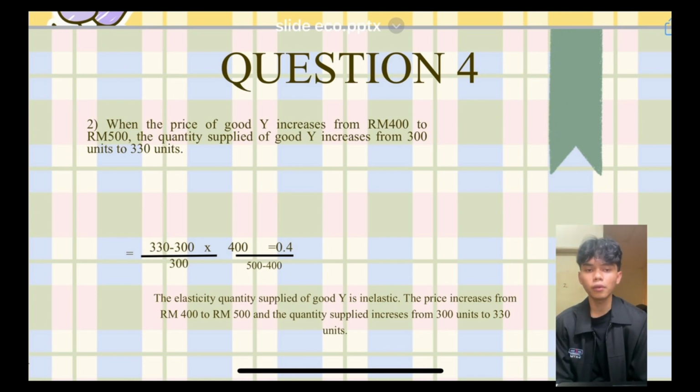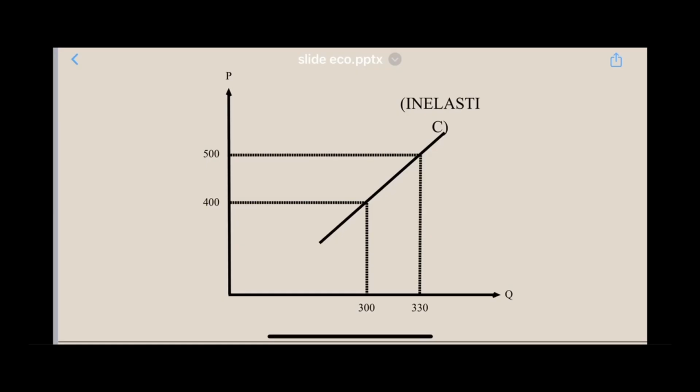So 330 minus 300 divided by 300, times 400 divided by 500 minus 400, and the answer is 0.4. So the elasticity of quantity supplied of good Y is inelastic because it's below 1, and the price increases from RM400 to RM500, and the quantity supplied increases from 300 to 330 units.